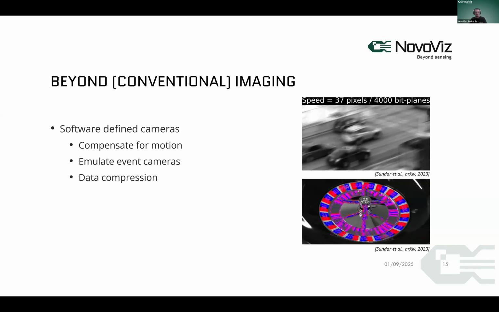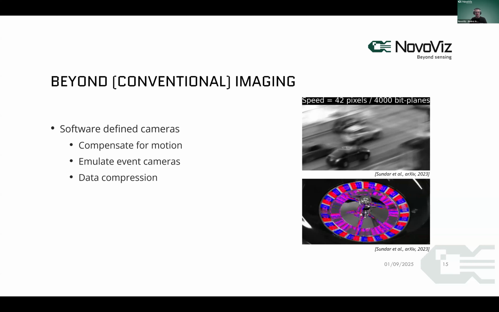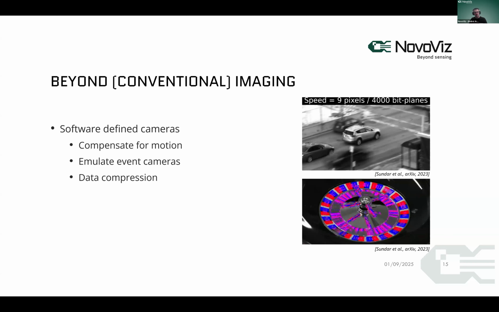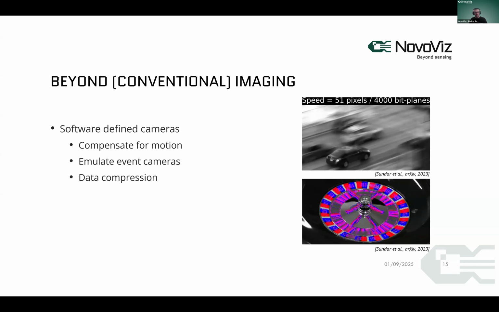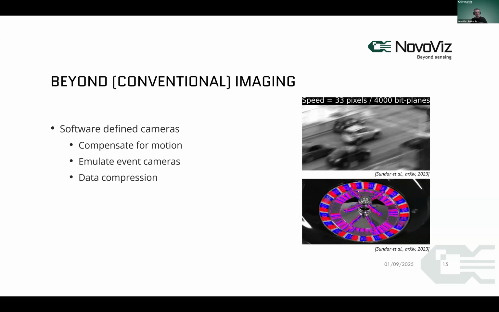And on the bottom, you see event information overlapped onto an intensity image. So an event camera combined with a normal imager on the same data set, done live. These are a few examples of what can be done by processing the streams of data.